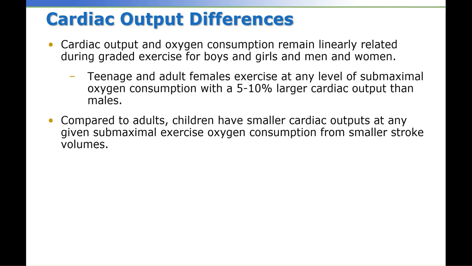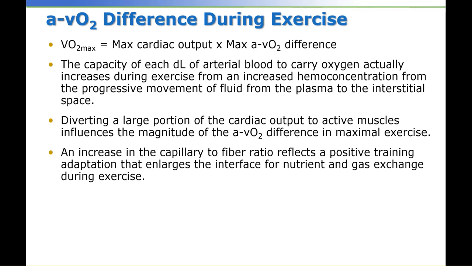The biological significance of this difference in central circulatory function between children and adults, though, is still somewhat unclear, because stroke volume is a part of it, but it's not everything. AV difference.